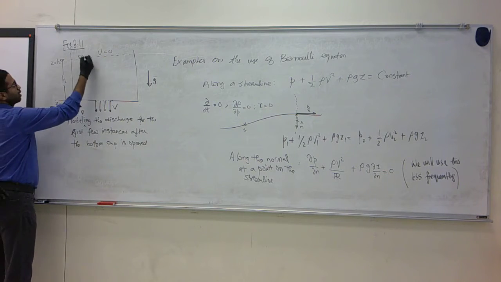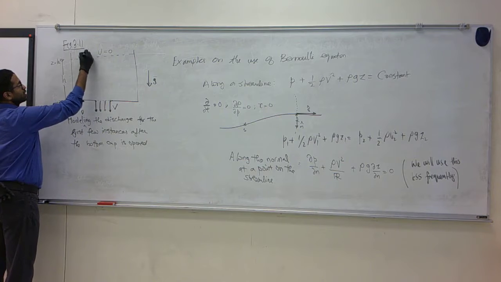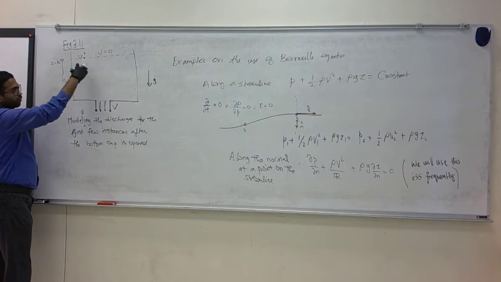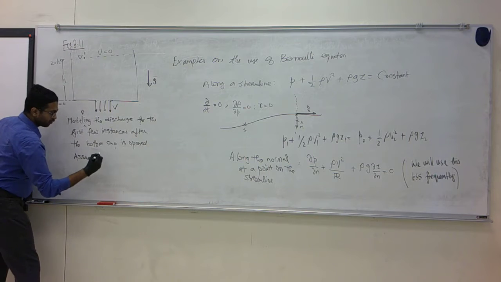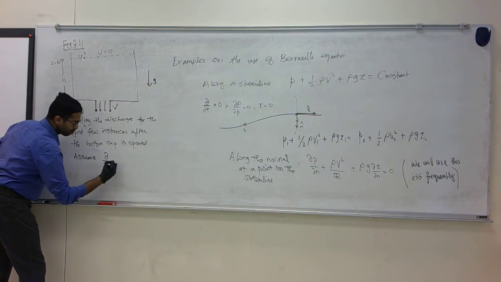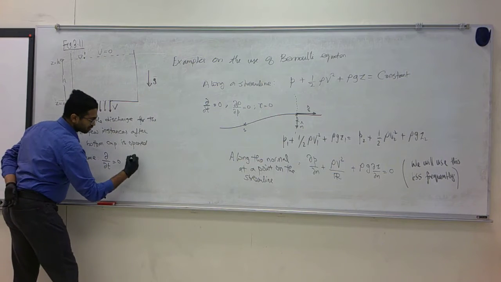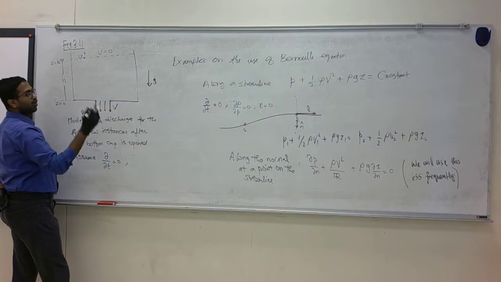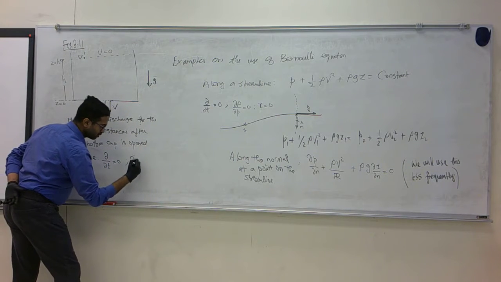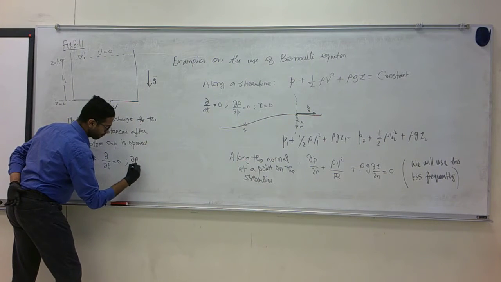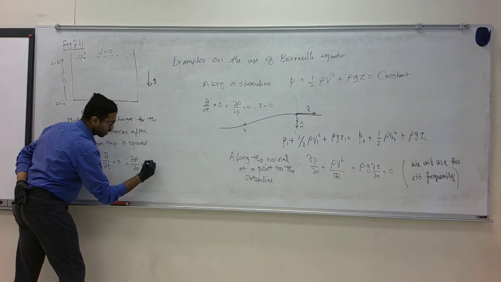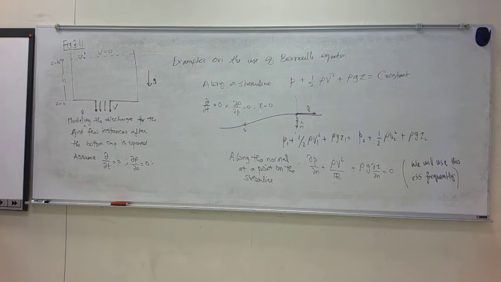So if you think about a point 1 here, you would assume that the flow is steady. The fluid is, let's say, water, which is incompressible. And that we ignore viscous effects.